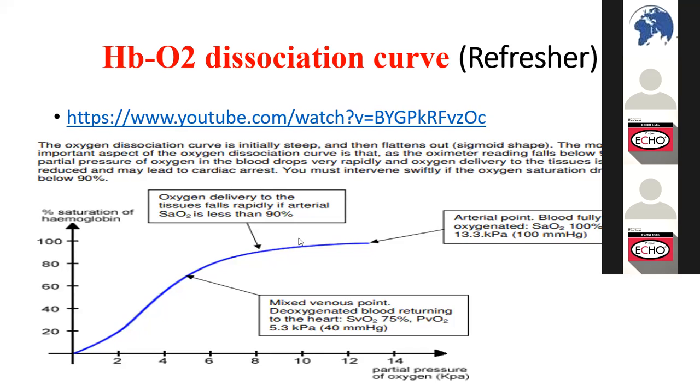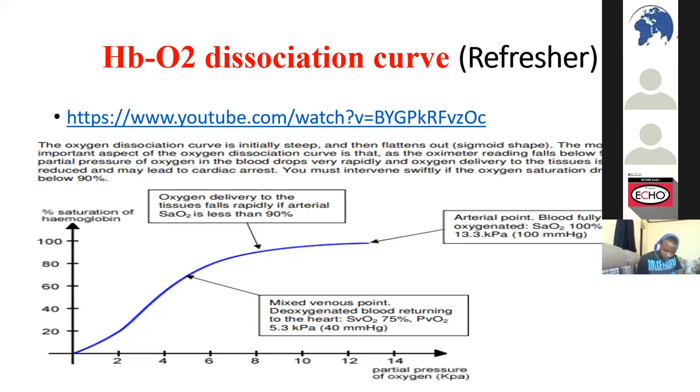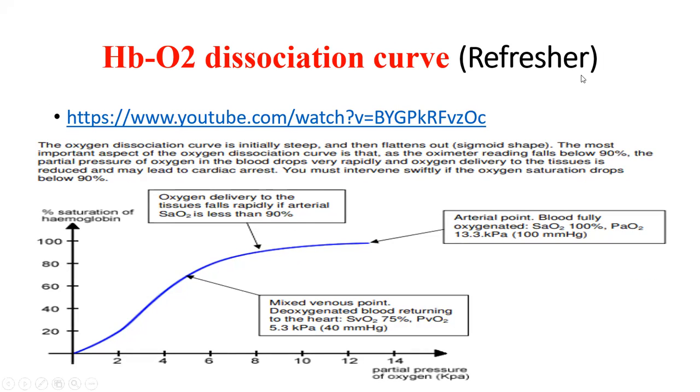As we said, there is a relationship between oxygen saturation in hemoglobin and also the partial pressure of oxygen, which we commonly call the hemoglobin dissociation curve. And there is some influence when we have decreased affinity for Hb to take oxygen, or increased affinity for Hb to hold oxygen.